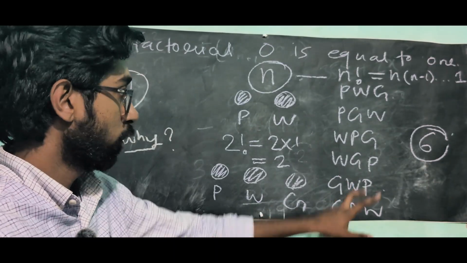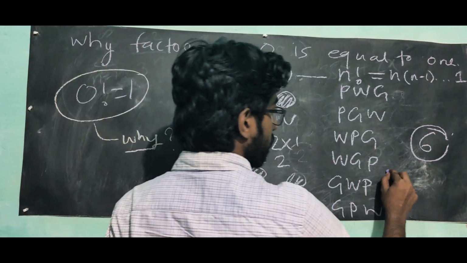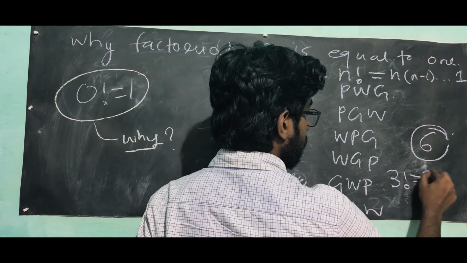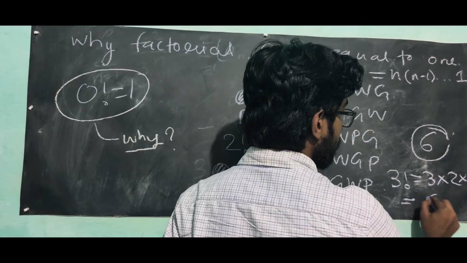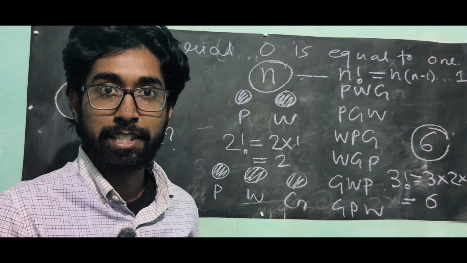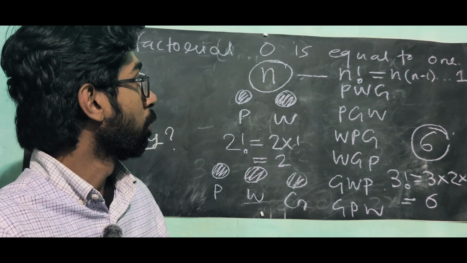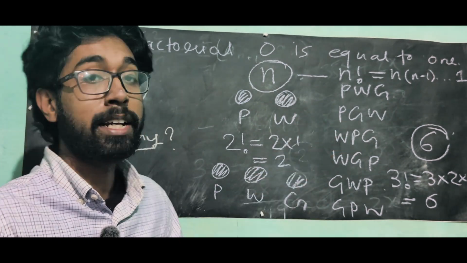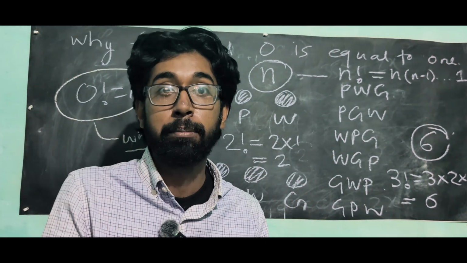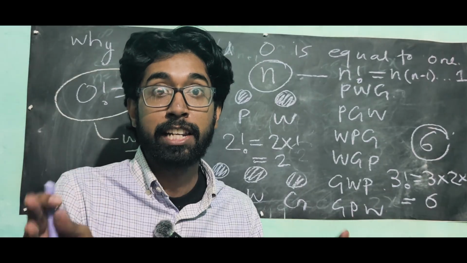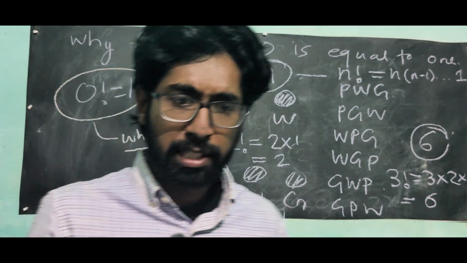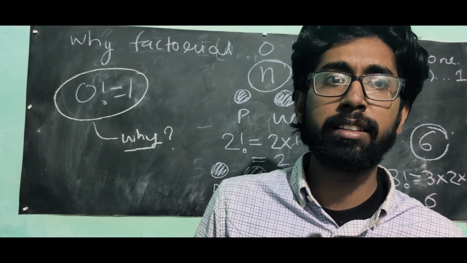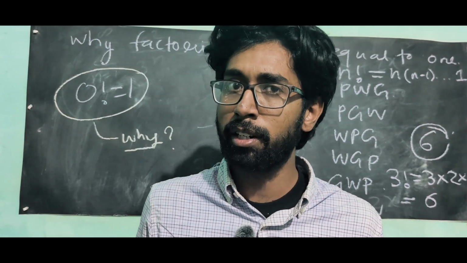And with 3 objects, we get 3 times 2 times 1, so we get 6. So factorial tells you in how many ways you can arrange n distinguished objects. Now the question comes: how is it possible that 0 factorial is equal to 1?